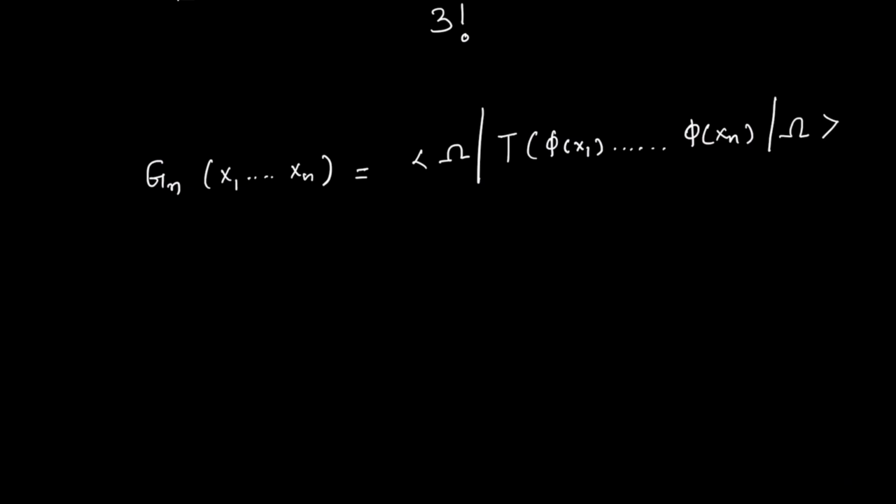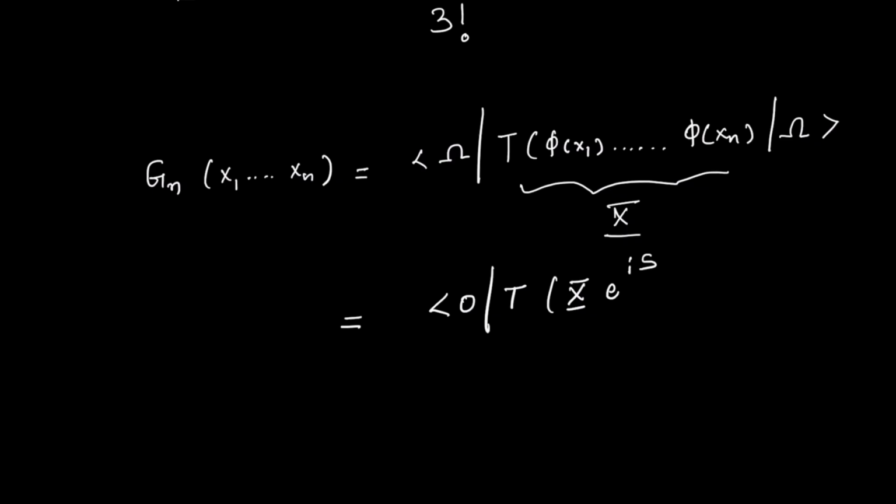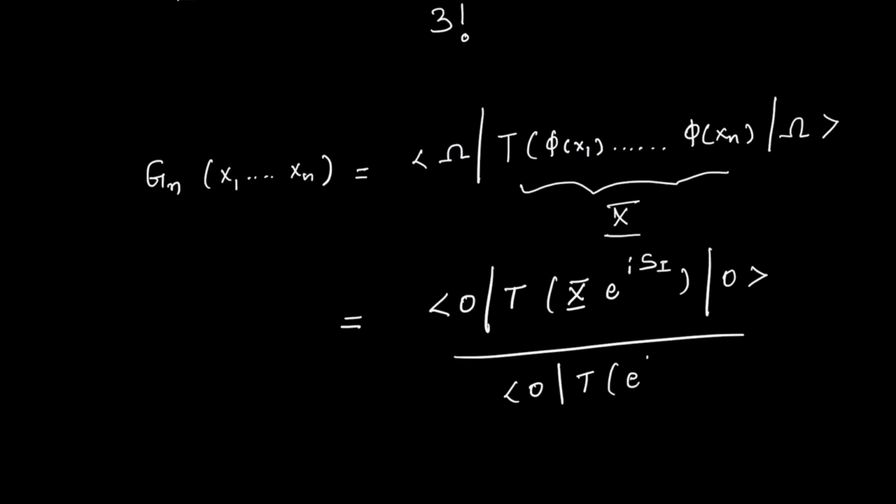Okay, and we have considered this to be x bar, and we can also write in terms of the vacuum in scalar field theory, which is time ordering of x bar e raised to i S_I divided by time ordering of e raised to i S_I.